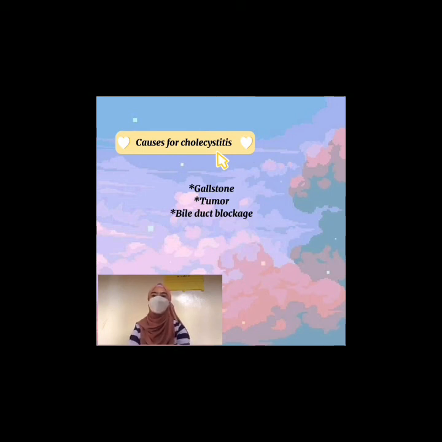Gallstones can block the cystic duct, the tube through which bile flows when it leaves the gallbladder, causing bile to build up and resulting in inflammation. Tumor: a tumor may prevent bile from draining out of our gallbladder properly, causing bile buildup that can lead to cholecystitis. Bile duct blockage: kinking or scarring of the bile duct can cause blockage that leads to cholecystitis.